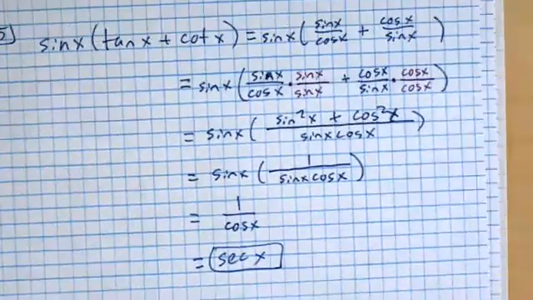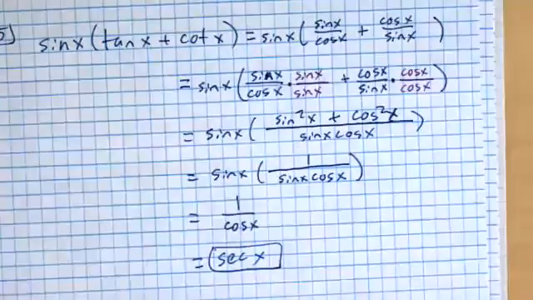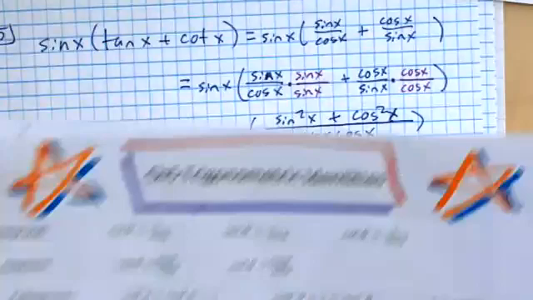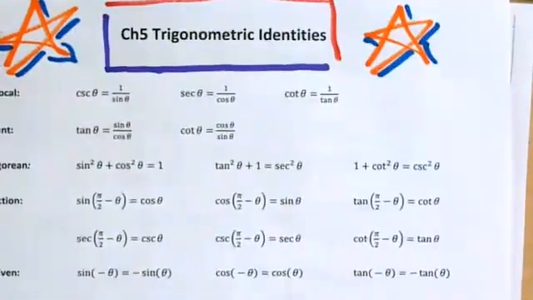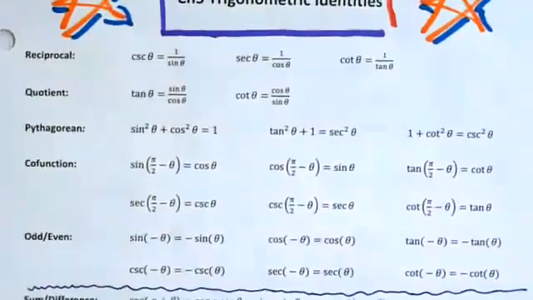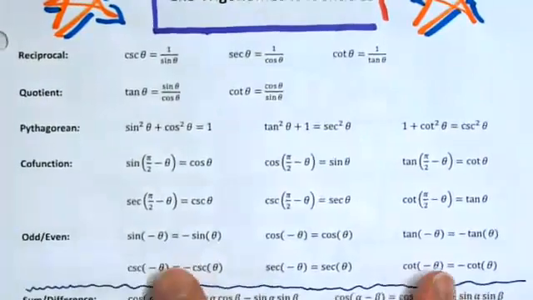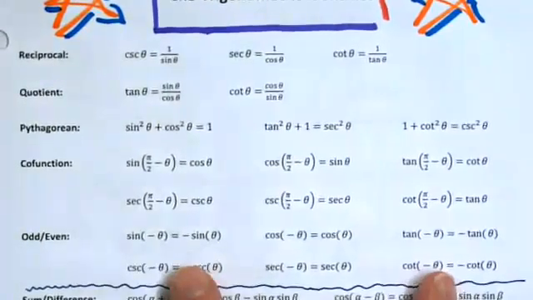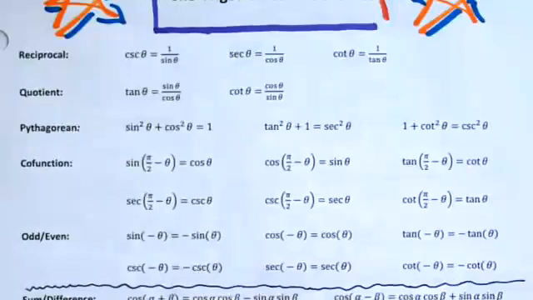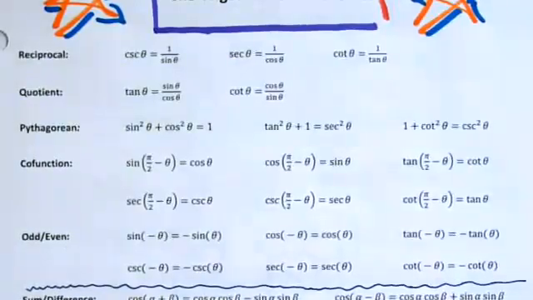The big thing that I need you guys focusing on is, as you're working on these, make sure that you're doing whatever you can to try and internalize these identities. Remember, your goal is going to be to memorize them by, I'm going to just say probably Tuesday of next week, when we're going to have our first quiz over this stuff.